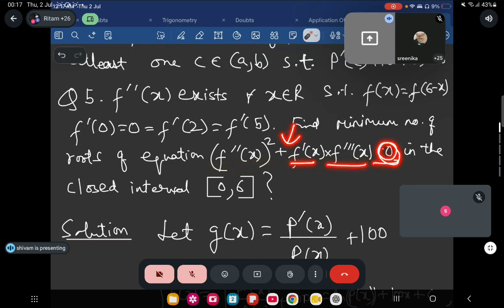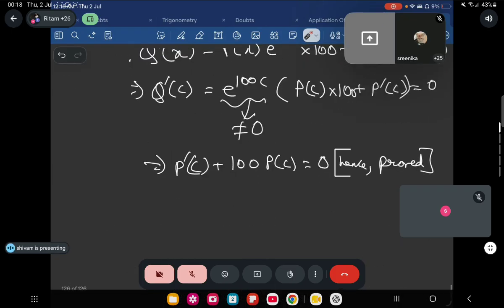That means this should be your last step. So you need to think of a function whose differential is this whole thing.